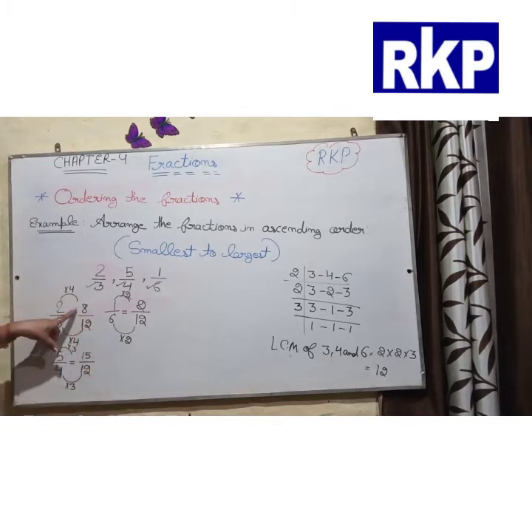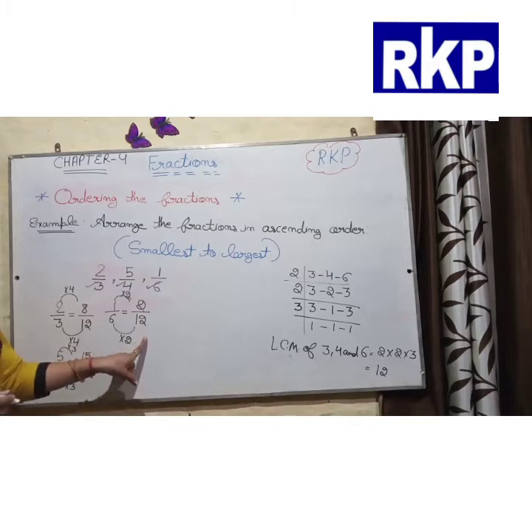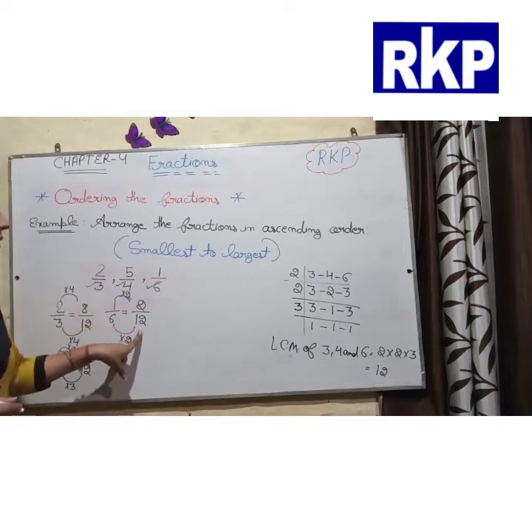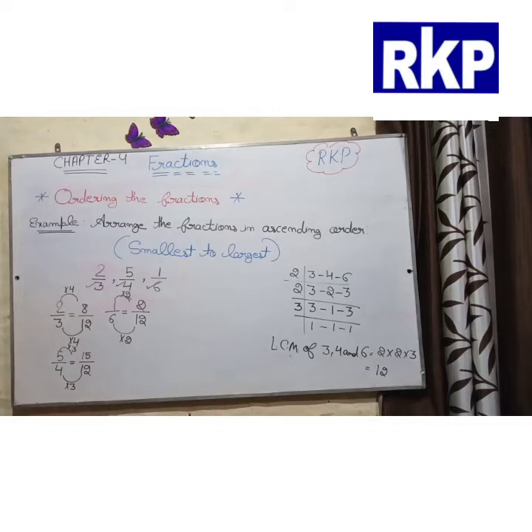Now 8 by 12, 15 by 12 and 2 by 12 are like fractions, and 8 by 12 is an equivalent fraction of 2 by 3. 15 by 12 is an equivalent fraction of 5 by 4. And 2 by 12 is an equivalent fraction of 1 by 6. Now let us compare these fractions.